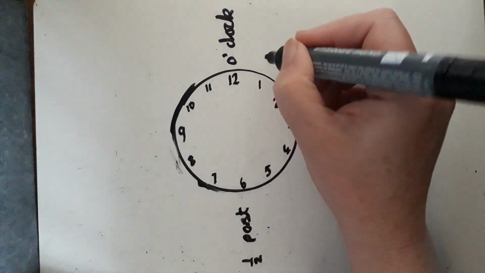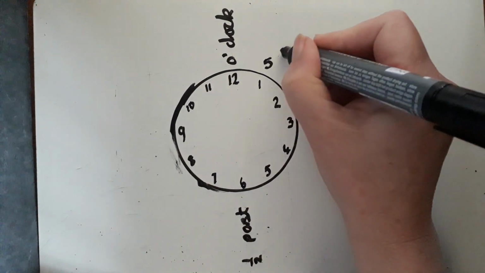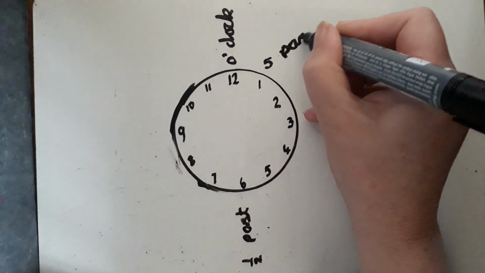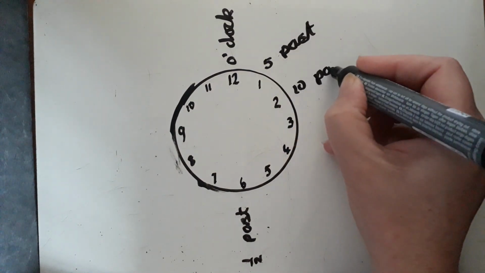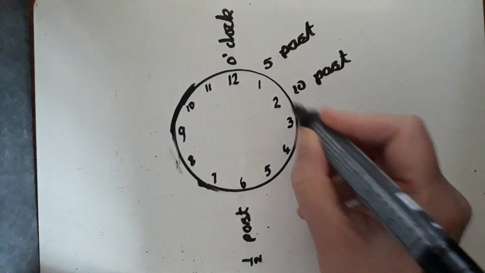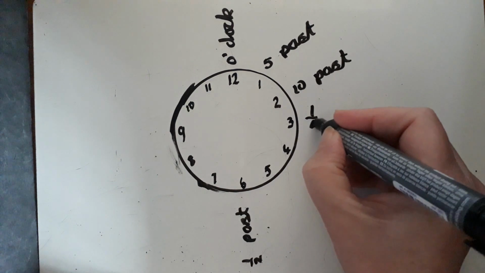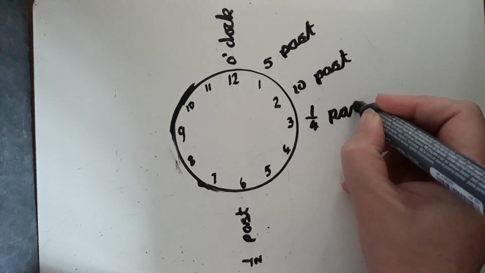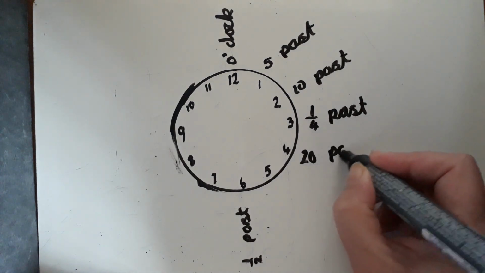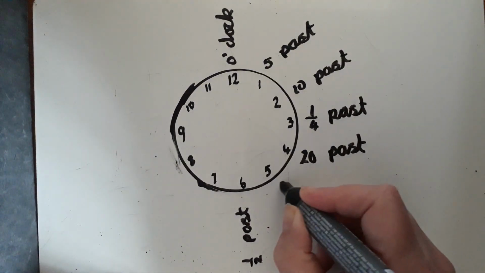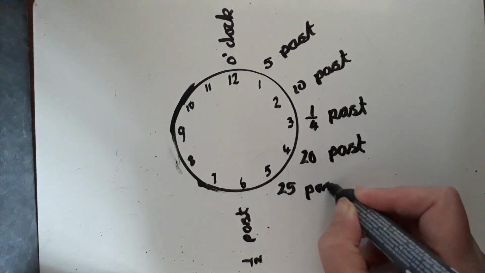So what I want you to do is to go through and think this would be 5 past, okay, 10 past, okay, we don't say 15 past, we say quarter past, 20 past, and here 25 past.